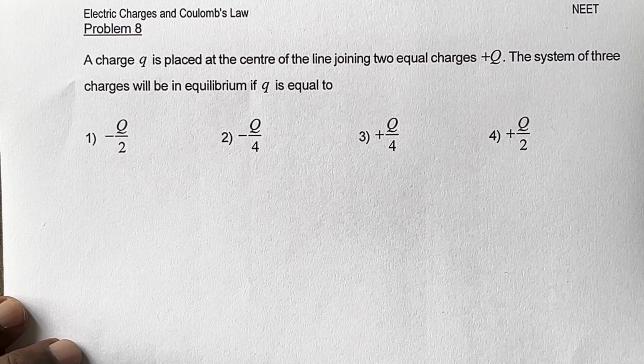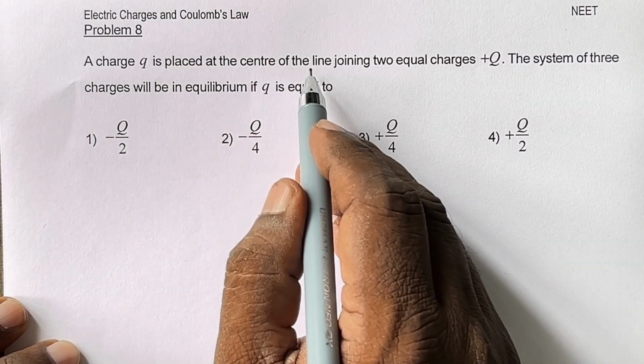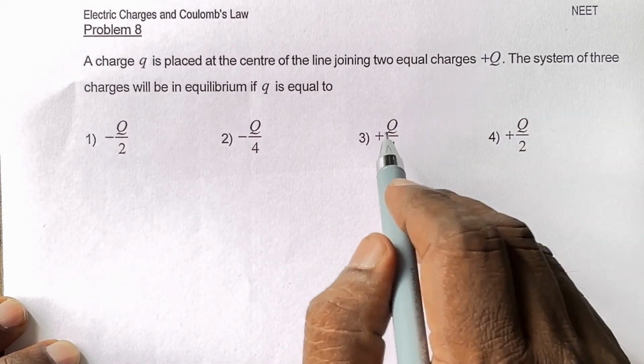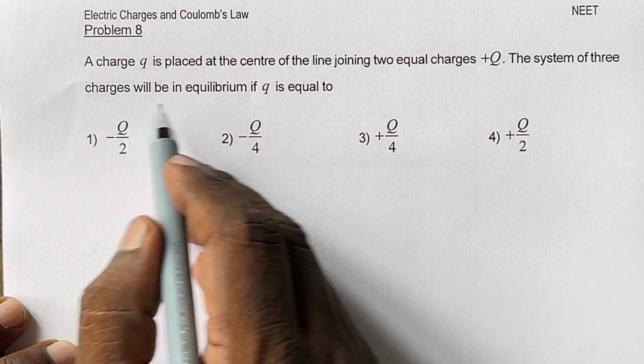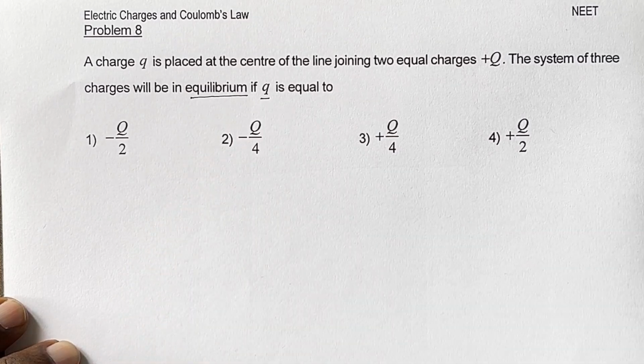In this problem, a charge Q is placed at the center of the line joining two equal charges plus capital Q. The system of three charges will be in equilibrium if Q is equal to.